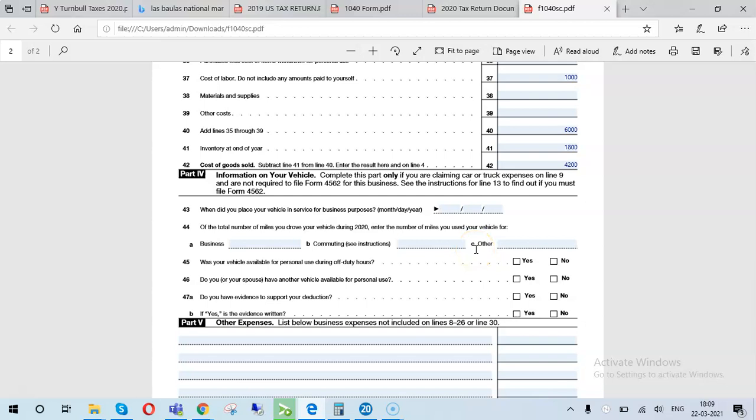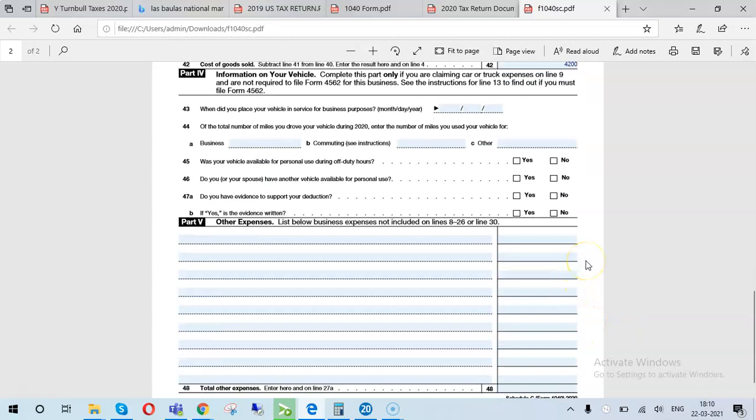You should give the standard mileage here for business, and also you need to answer the other questions, like was your vehicle available for personal use, yes or no. Did you or your spouse have another vehicle available for personal use, or do you have evidence to support your deduction, yes or no.